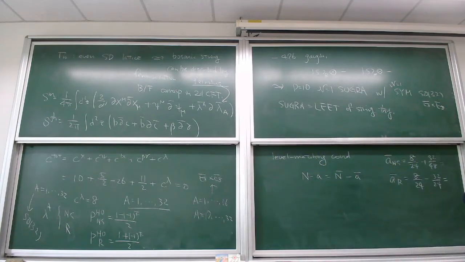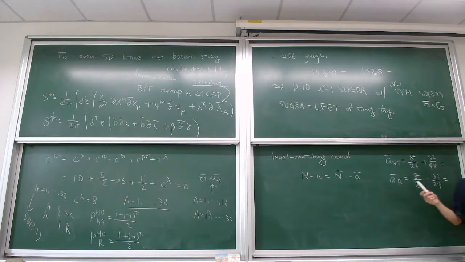That is equivalent to taking the light cone gauge, so the 8 really comes from 10 minus 2. Now the 1 over 24 really comes from zeta function regularization. Remember zeta function regularization? That will give you 8 over 24, coming from the bosonic anti-holomorphic D equal to 10 sector.